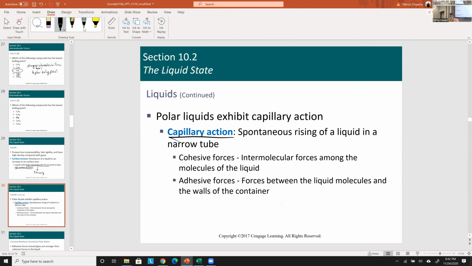That happens because of the intermolecular forces, and more specifically, the adhesive forces between the liquid and the walls of the container. There are two types of forces when you put a liquid into a container. There are the cohesive forces, which are the intermolecular forces among the molecules, the things that keep them together. This directly relates to surface tension. Water has a relatively high surface tension.